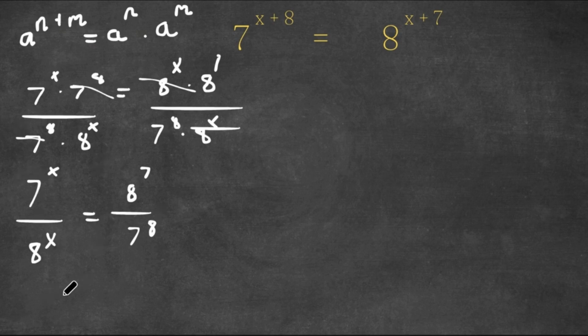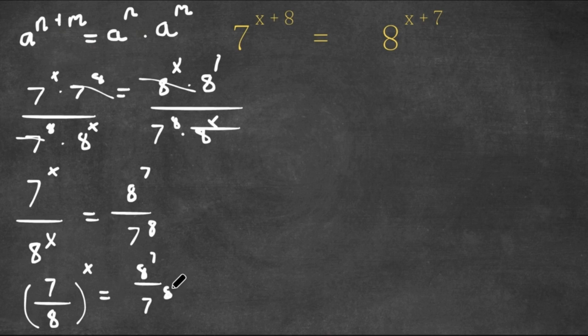Now 7 to the power of x over 8 to the power of x is the same thing as 7 over 8 to the power of x. And now this is equal to 8 to the power of 7 over 7 to the power of 8. Now I'm going to take the log on both sides.